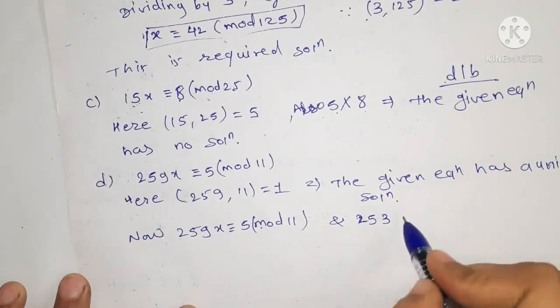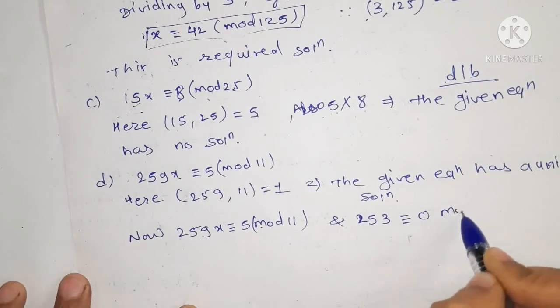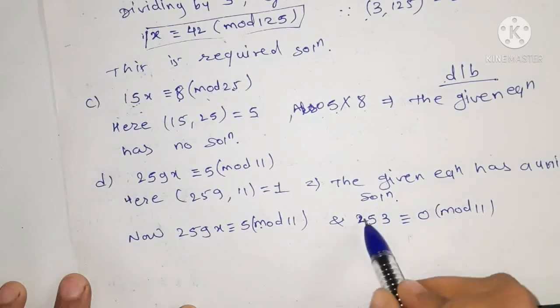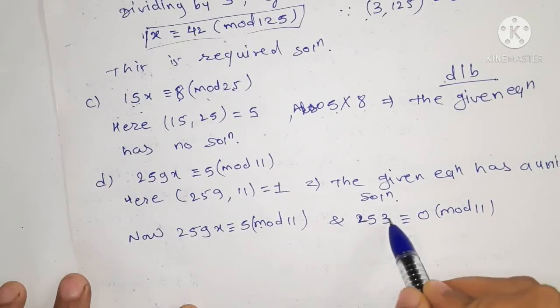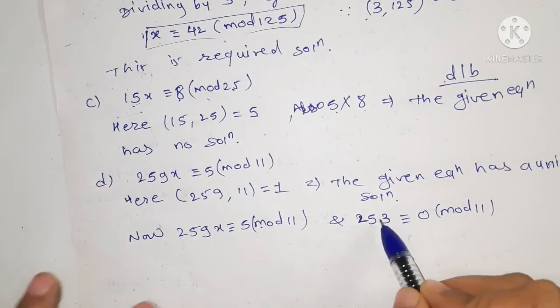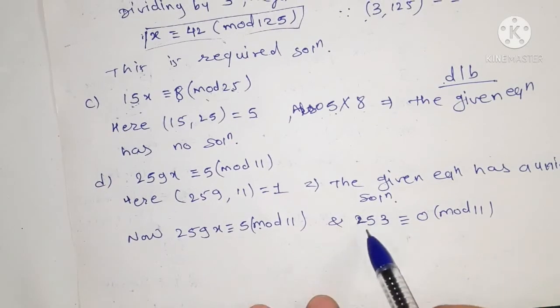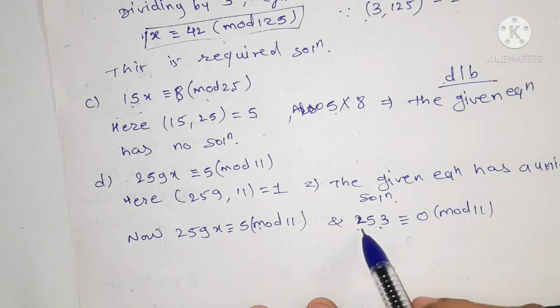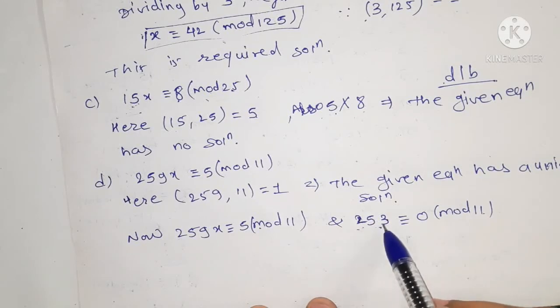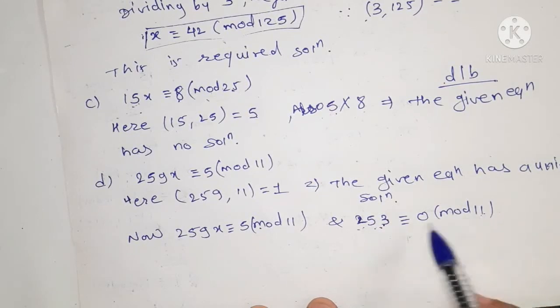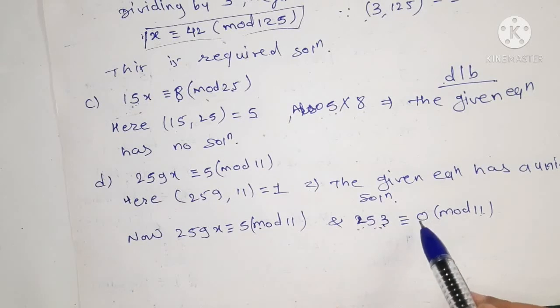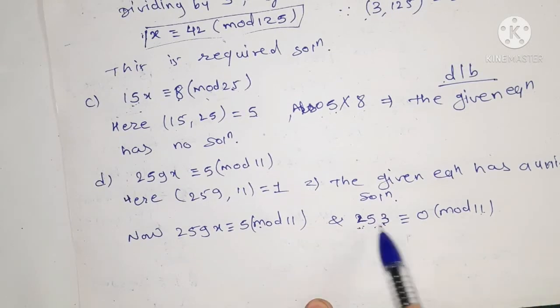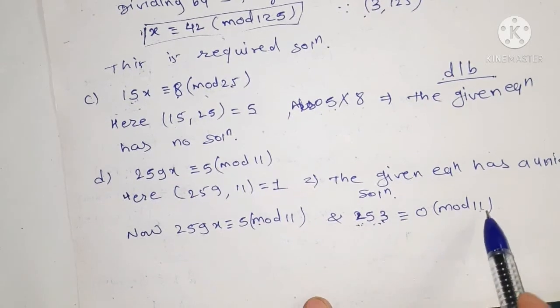This number is congruent to 0 mod 11 because 2 plus 3 is 5 and 5 minus 5 is 0. So we apply the divisibility test for 11, and therefore 253 is divisible by 11, and we have the remainder 0. Therefore 253 is congruent to 0 modulo 11.